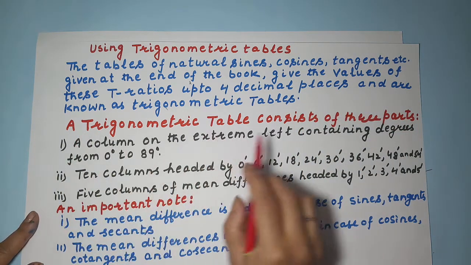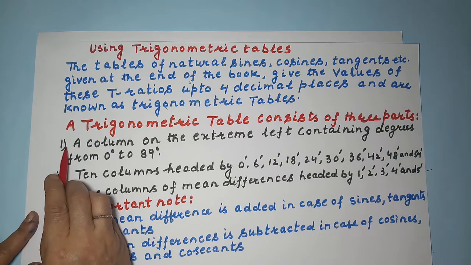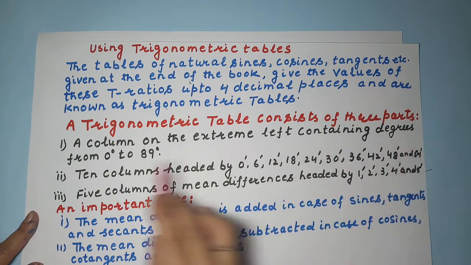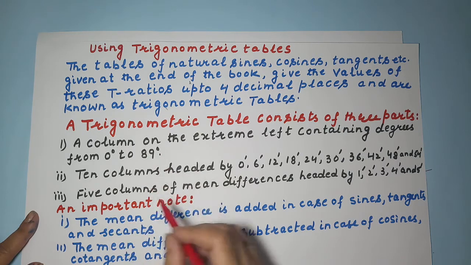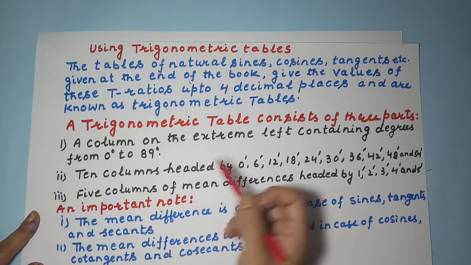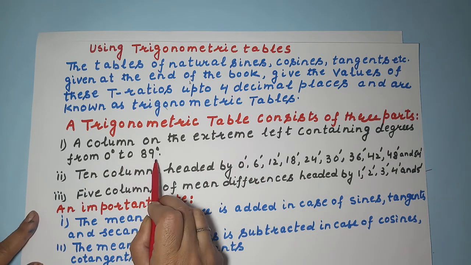Now, a trigonometric table consists of 3 parts. Number 1, a column on the extreme left containing degrees from 0 to 89 degree. Because cos 90 is 0 and sine 90 is 1, the values are given only from 0 to 89 degrees.